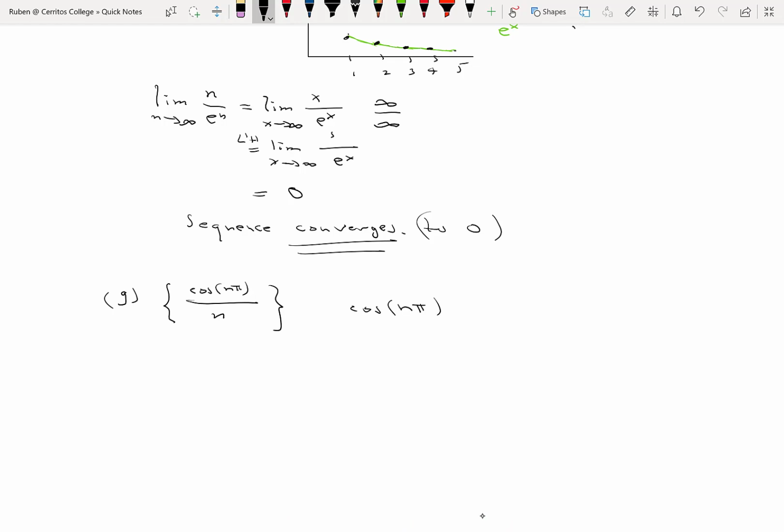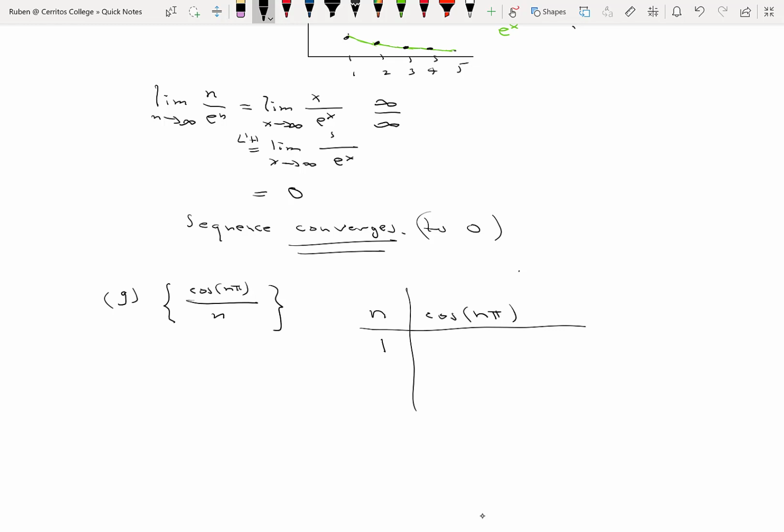Cosine of pi n. Let's take a look at what cosine of pi n looks like numerically. In fact, let me move this over a little bit if my notepad will allow me to. Let's take a look at a small chart of just n versus cosine of pi n.